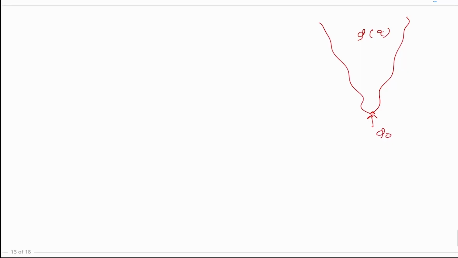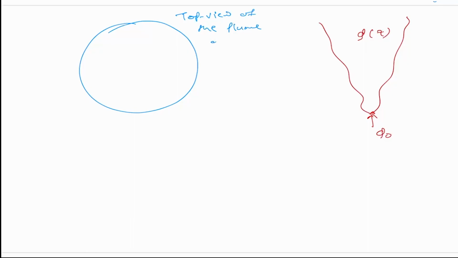Okay, so now let's consider this case where we have assumed that there is an influx of another density fluid, and that is forming a plume, and Q here is Q naught and Q here is Q of z. And if you look at this plume from the top, it will look something like this. Top view of the plume at any cross section.